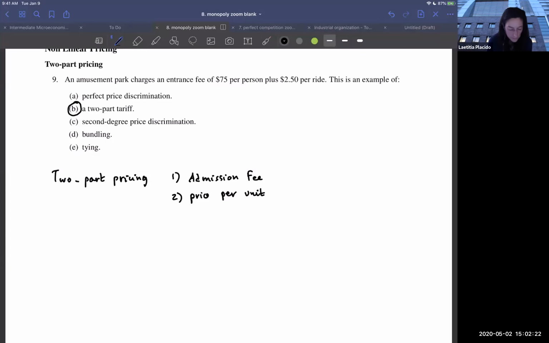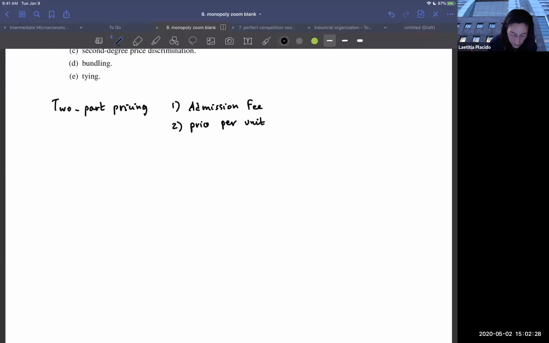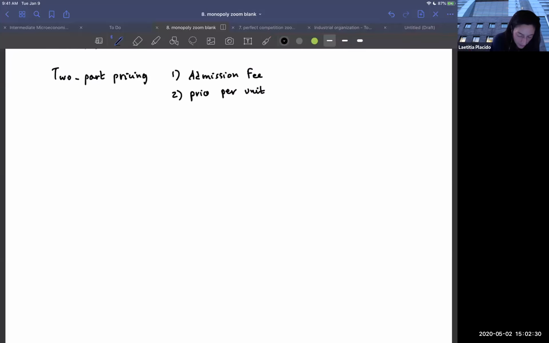So what is the rationale behind a two-part tariff? I'm going to assume that for now we face only one consumer. So make the assumption of one consumer here. And I'm going to draw the demand of this consumer.